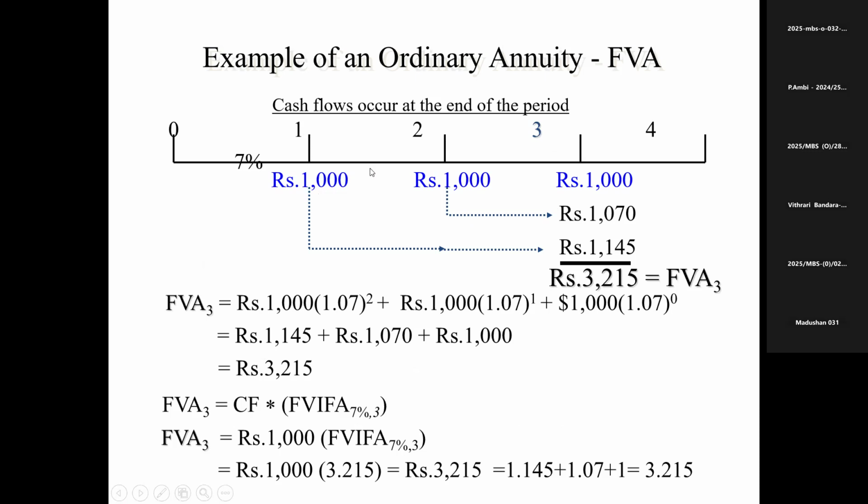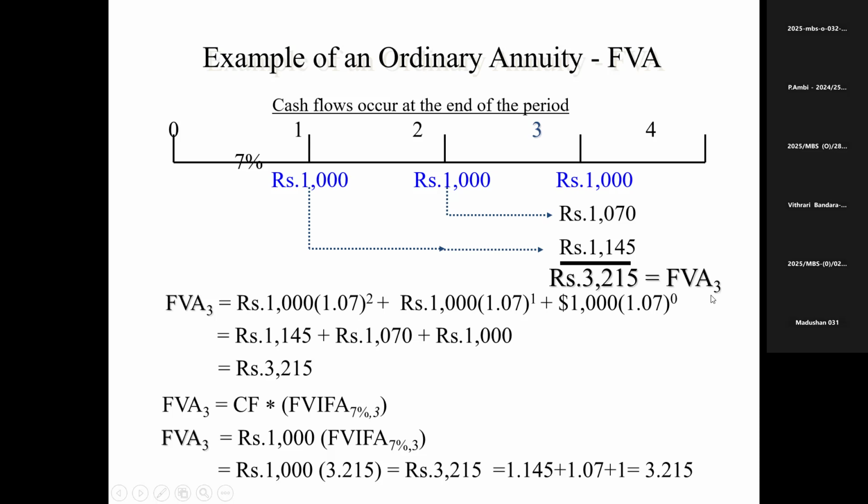This first 1,000 takes the interest for 2 years, 1 plus interest at 0.07 for 2 years factor. The second 1,000 is as it is, 1,000 rupees, since it is received at the end of the year.